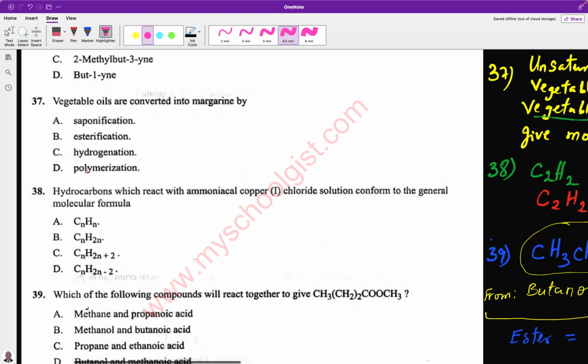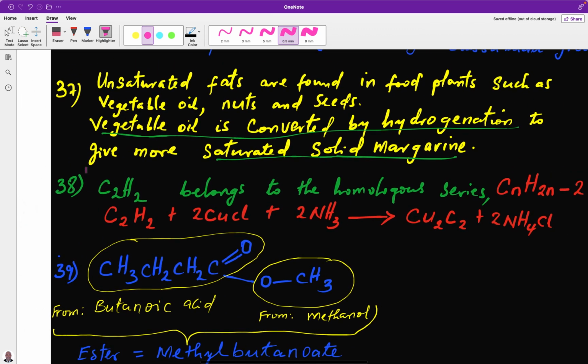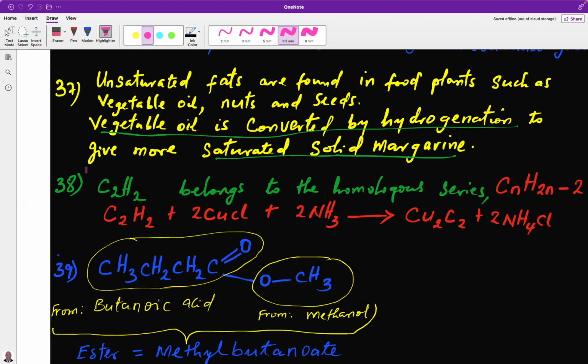It should be noted that unsaturated fats are found in food plants. There are food plants that contain unsaturated fats, such as the vegetable oil we are talking about. We have nuts, the nuts we eat every day, and some seeds that contain unsaturated fats.